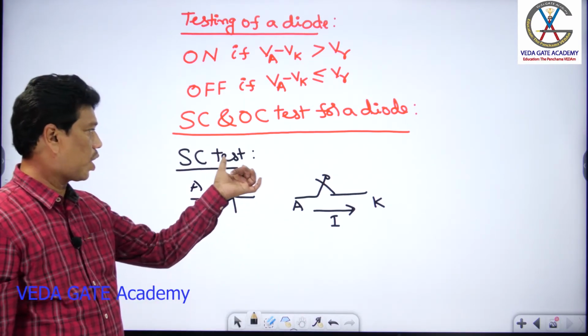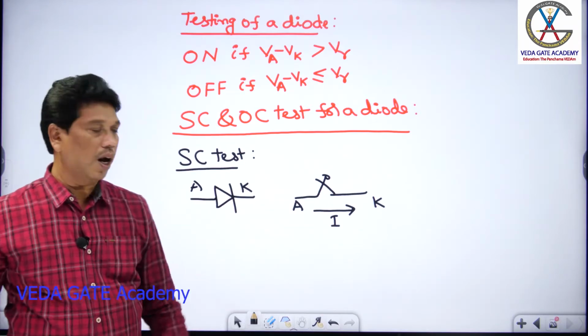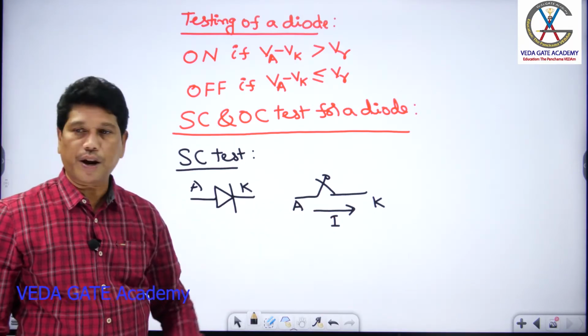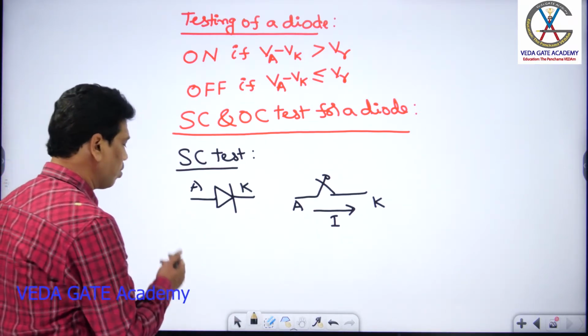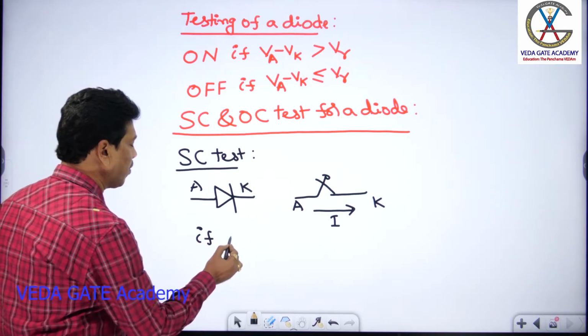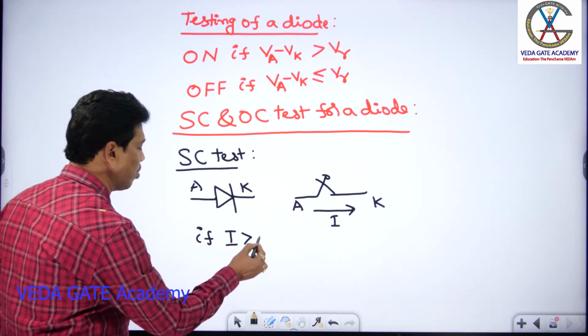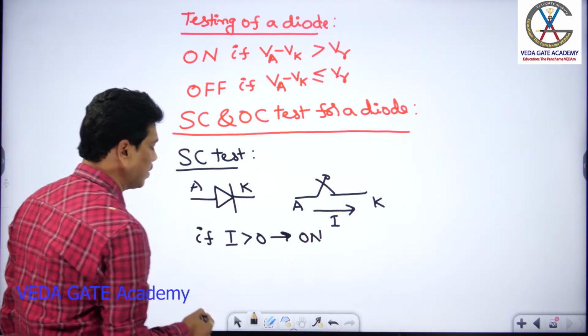So for the short circuit test, assume the given diode is just shorted, and there you can calculate the current. Suppose what is the current you calculated from anode to cathode? If the current is greater than 0, the diode is on. On means forward bias.